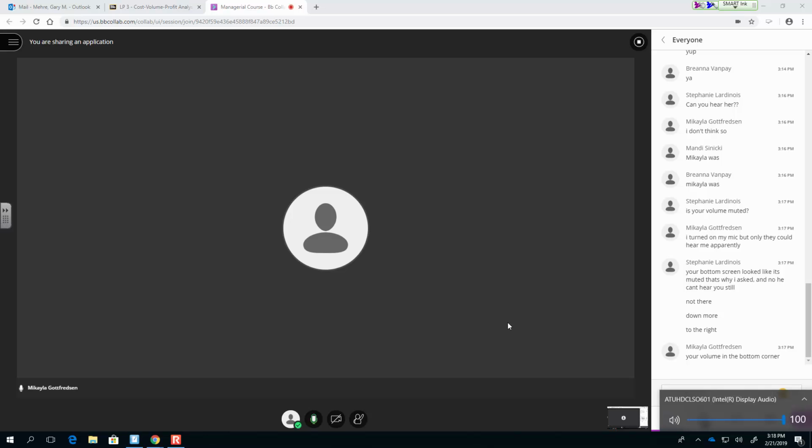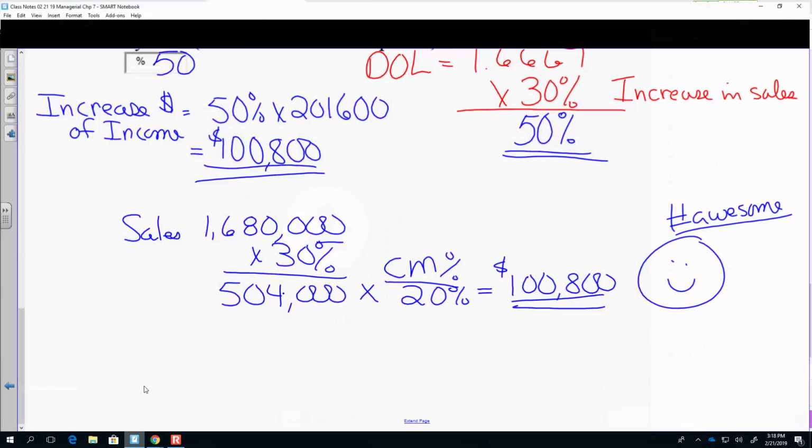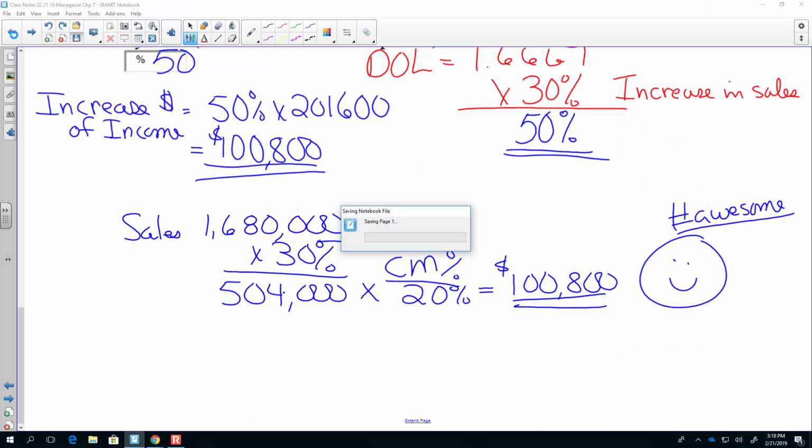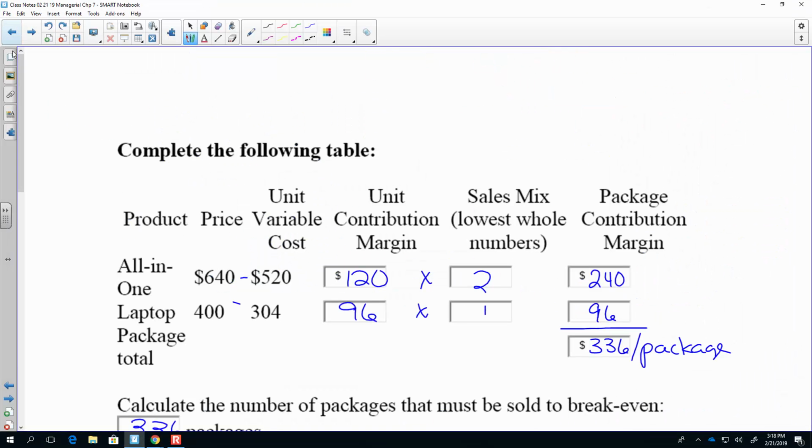Hi. Sorry about that. I just wanted to put what I think Brianna was talking about before. It's the second to last page, the one right before the last page. Where she was getting the 400?